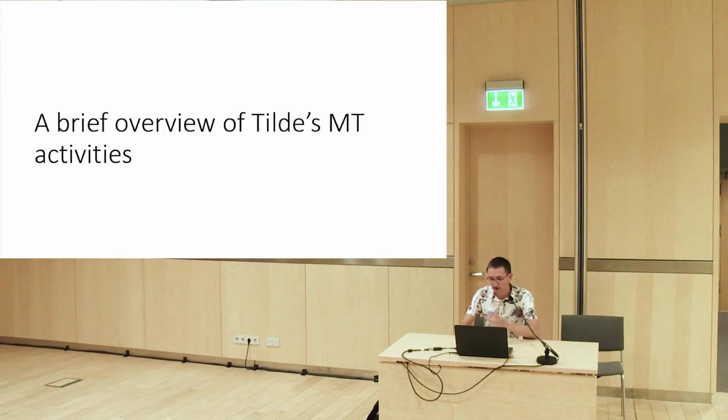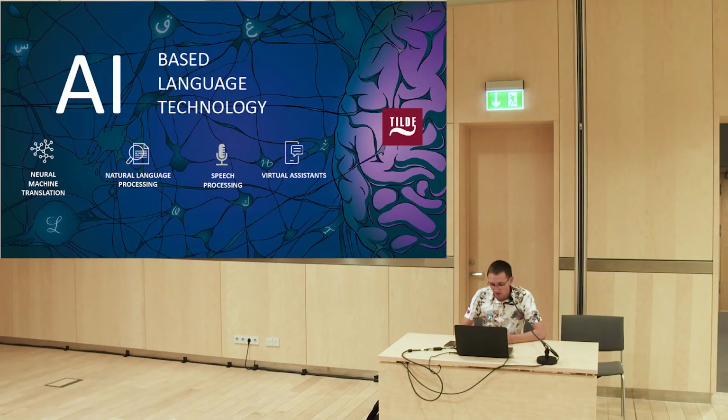So then I'll quickly also describe what we do at Tilde before I switch over to neural machine translation. Tilde develops a wide variety of language technologies, of which machine translation is just one type.